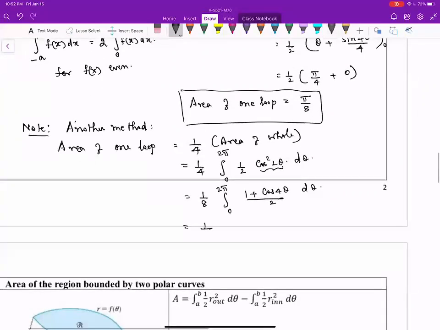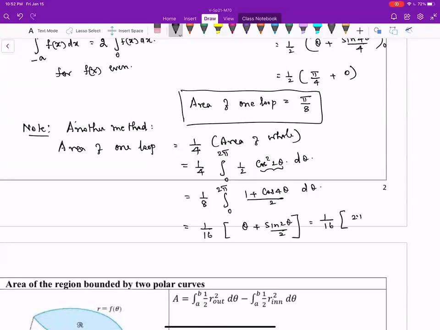It becomes 1 over 16. Integrate, that will be theta plus sine 4 theta over 4. Then it's 1 over 16. Apply the upper limit, which is 2 pi. The sine term at the upper limit is 0, and the rest of them are 0. So it is pi over 8.